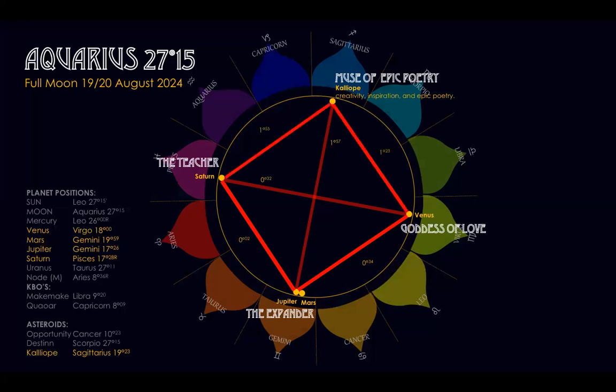And here are the squares to Venus and Saturn. And while they're not as tight as the other aspects, it's still pretty tight because they're all under 2 degrees.